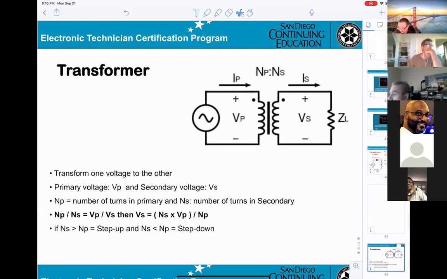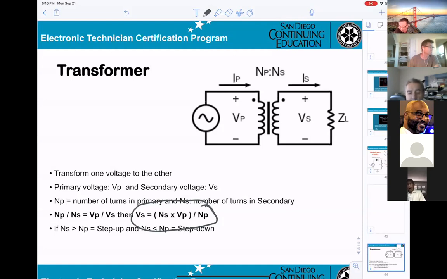The only thing you need is, if you get the primary voltage and you want to calculate the secondary voltage, that is the formula. V secondary equals NS times V primary divided by NP, the primary winding.